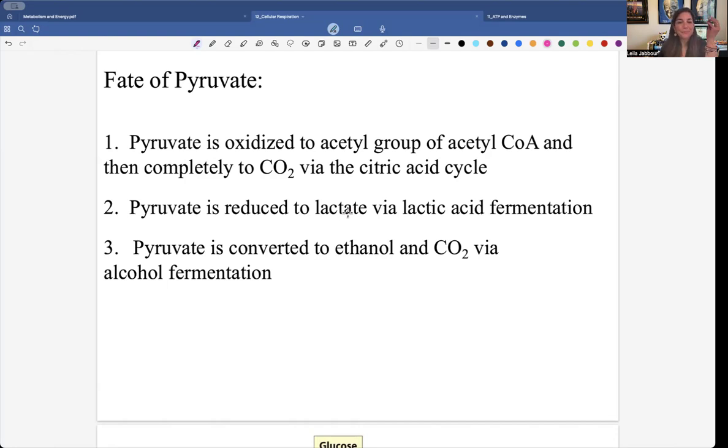Okay, and there's another fate for pyruvate in the absence of oxygen. So this is with oxygen, and this is without oxygen. In the absence of oxygen, pyruvate can also be converted to ethanol, that's alcohol, and carbon dioxide, and that's called alcohol fermentation. Well, our body doesn't do that, but it happens in plants, where you end up producing ethanol out of the sugar in the plant.